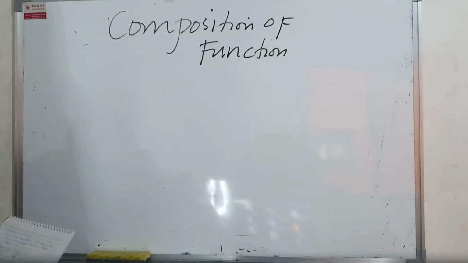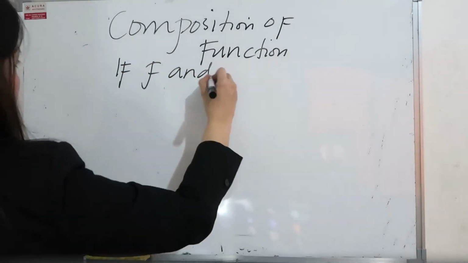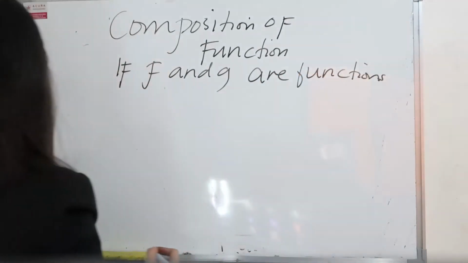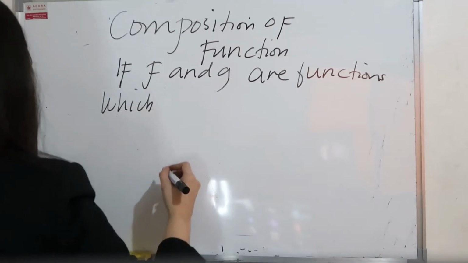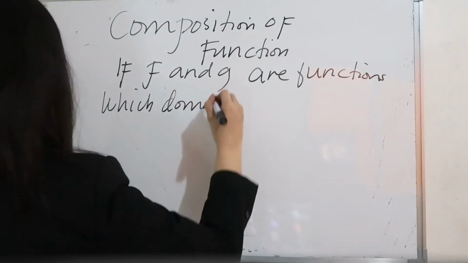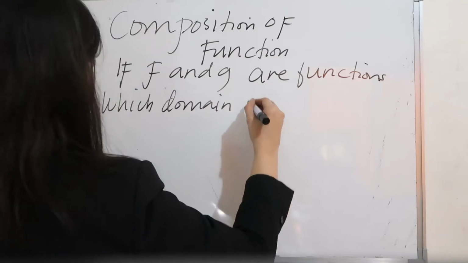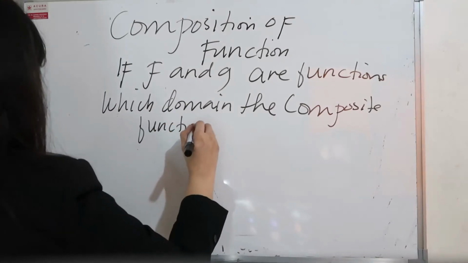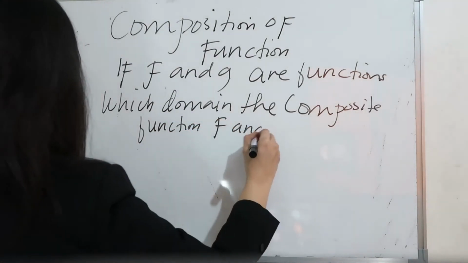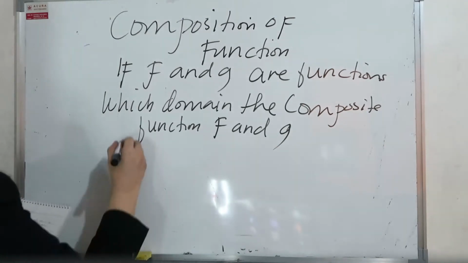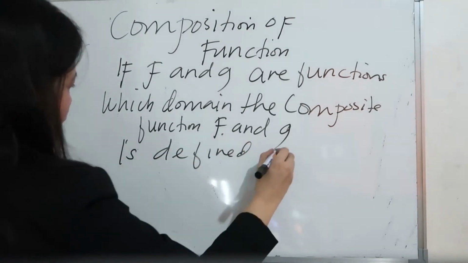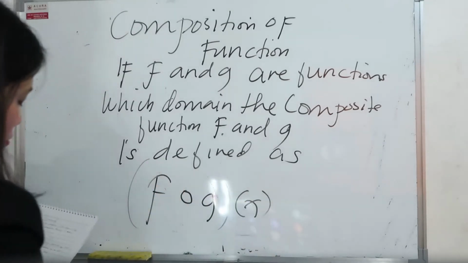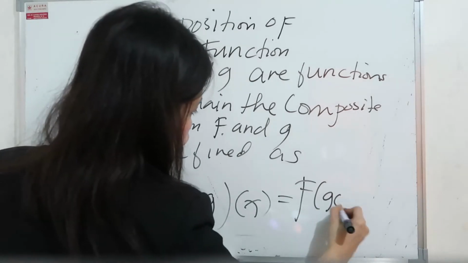So when we say composition of function, if f and g are functions, the composite function of f and g is defined as f of g of x, which means f of g of x.